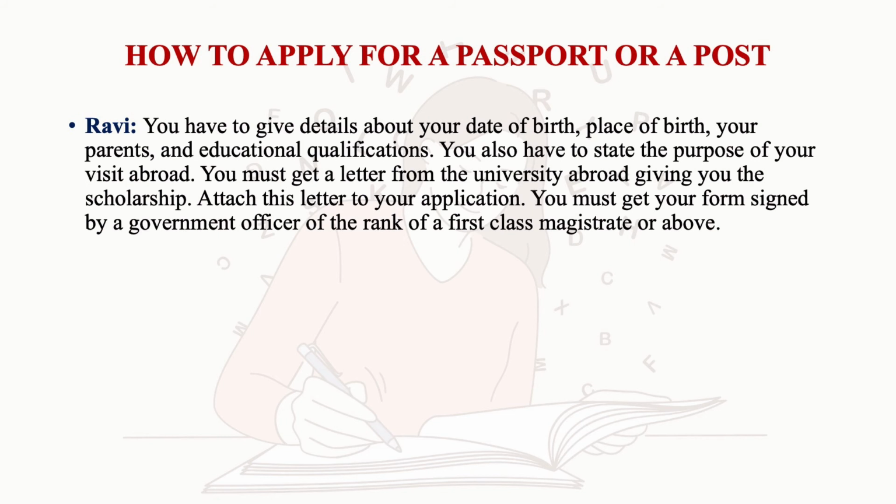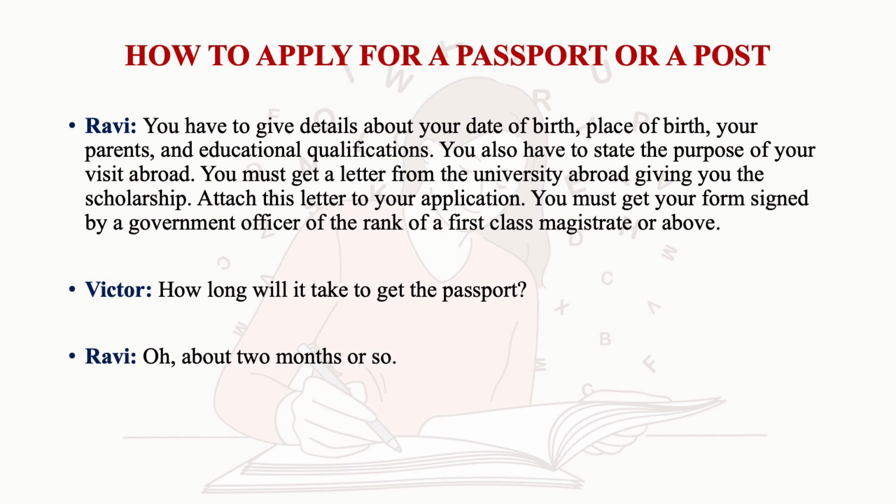Attach this letter to your application. You must get your form signed by a government officer of the rank of a first-class magistrate or above. Victor: How long will it take to get the passport? Ravi: Oh, about 2 months or so.